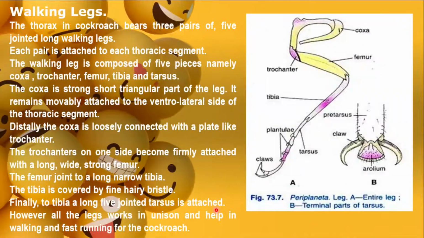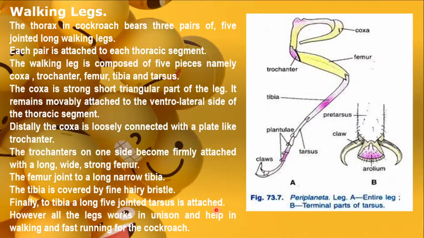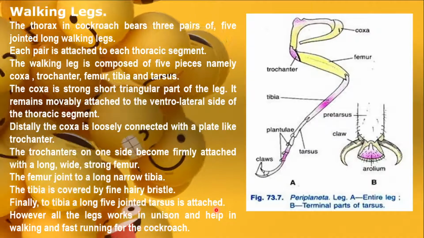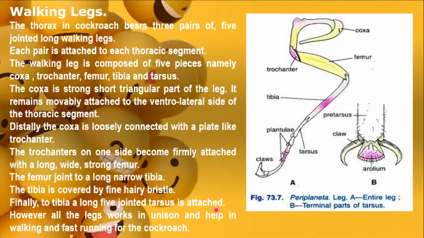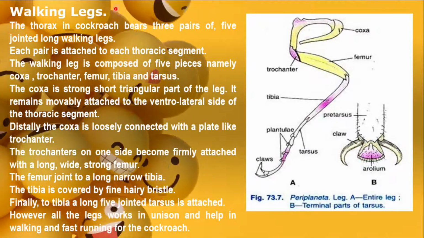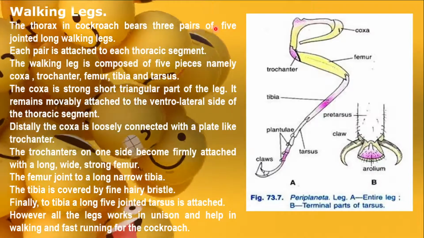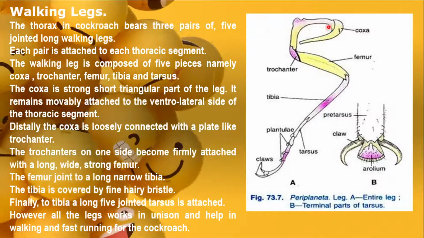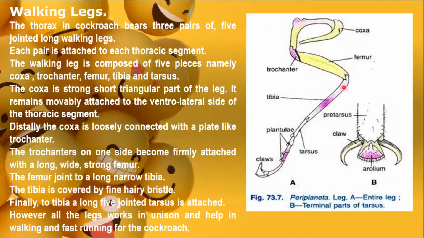So next, walking legs. The second important appendage present in the thoracic region is the walking legs. The thorax in cockroach bears three pairs of five-jointed long walking legs. Five joints are there in the legs of cockroach.